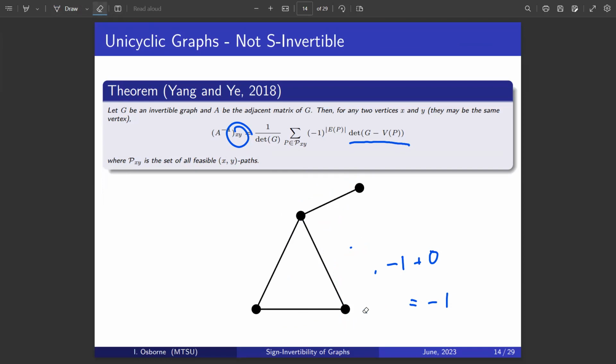And so it looks like this graph should be s-invertible, right? It's got determinant of -1, it's got everything nicely. But there is one small problem. When you're choosing your two vertices to look at the path between, you can also choose a single vertex as well.